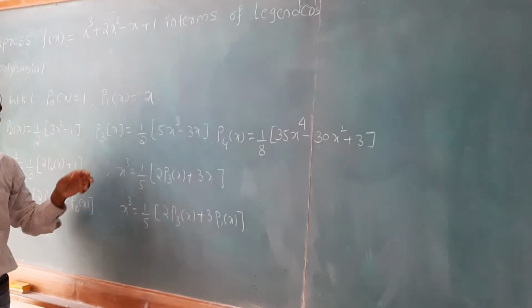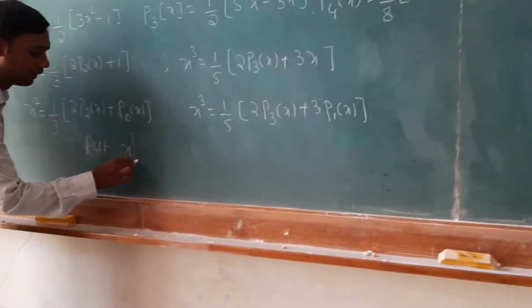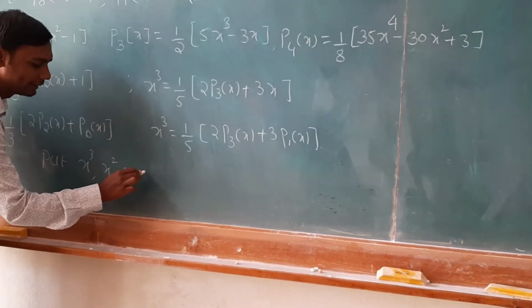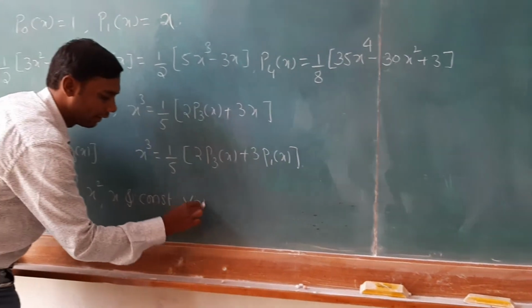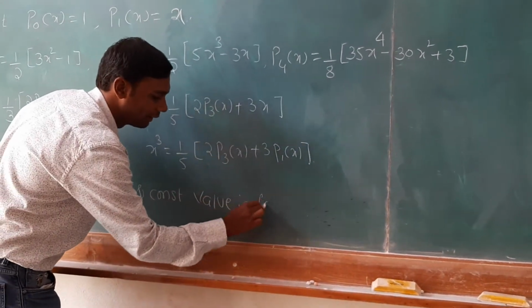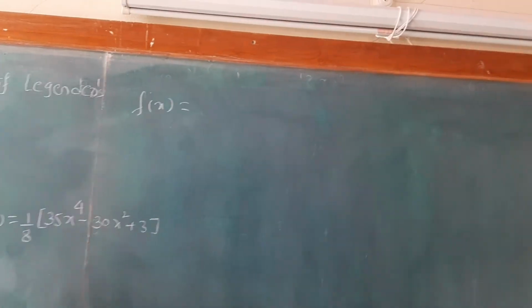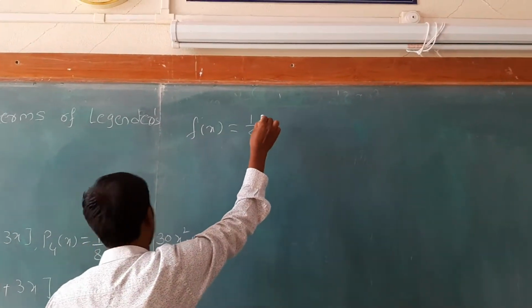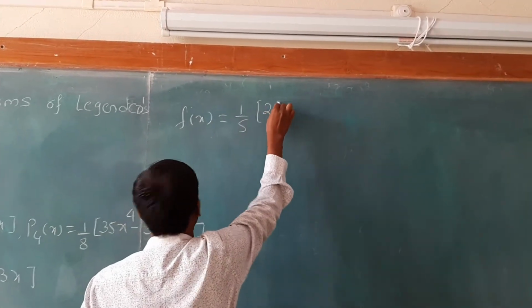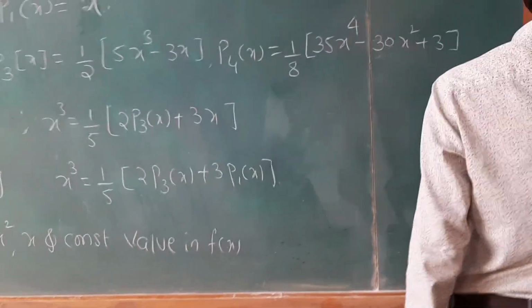So this is the example. Put the x cube, x square, x and constant values in f of x. We get f of x is equal to, x cube is 1 by 5 into 2 P3 of x plus 3 P1 of x.